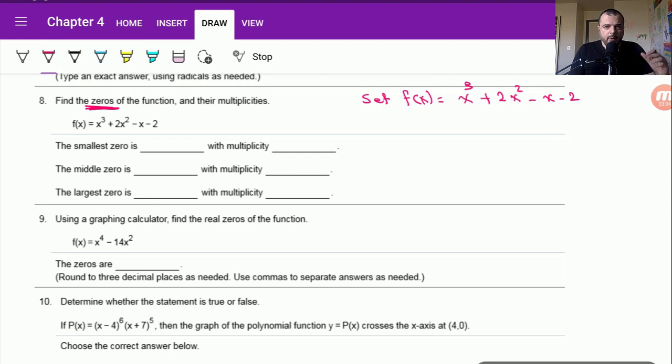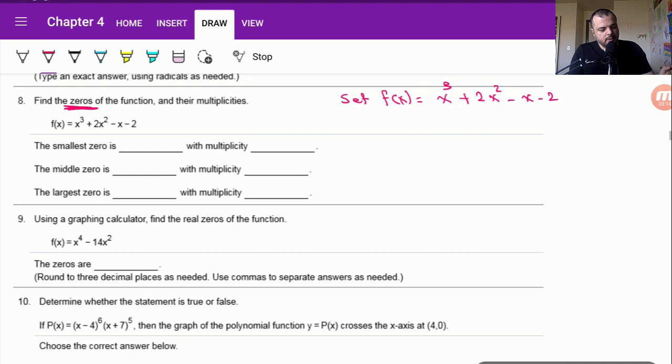Okay, so I'm going to try using the grouping method. I'm going to use the first two terms and the last two terms to do the factoring. So set this one to 0: x cubed plus 2x squared minus x minus 2 is equal to 0.